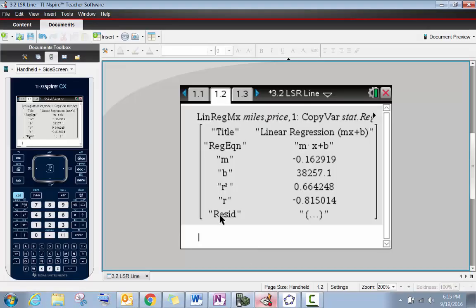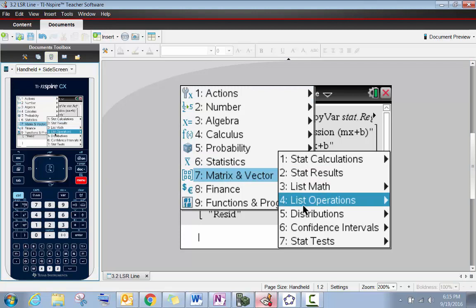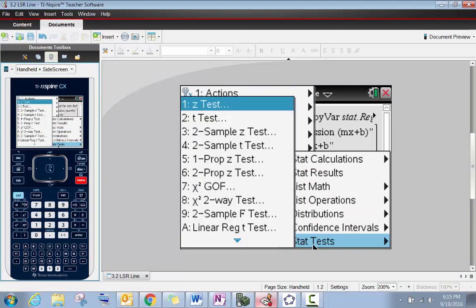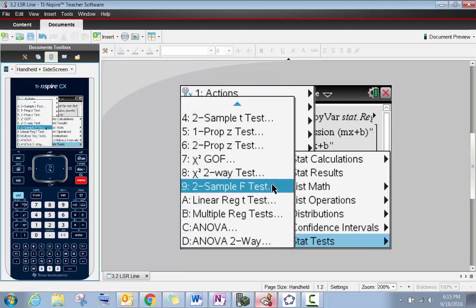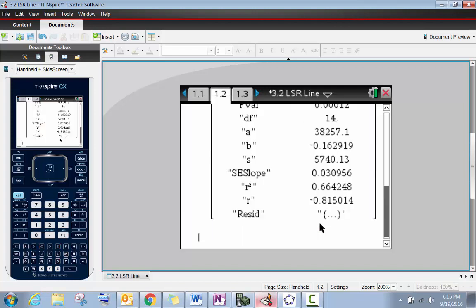Same thing on the Inspire. Go to menu, statistics, stat tests, and linear regression t-test. We had, let's see, miles and price. Don't worry about anything else. And there's our S value, 5740. So what is that?